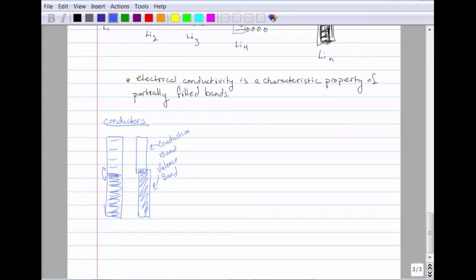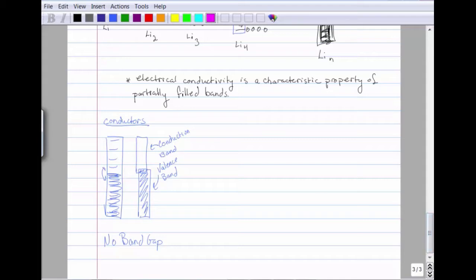And then there's some mixing there. So the biggest thing here is that you have no band gap. So it doesn't take a whole lot of energy for electrons to be transferred from a lower energy to a higher energy. This is contrary to an insulator.